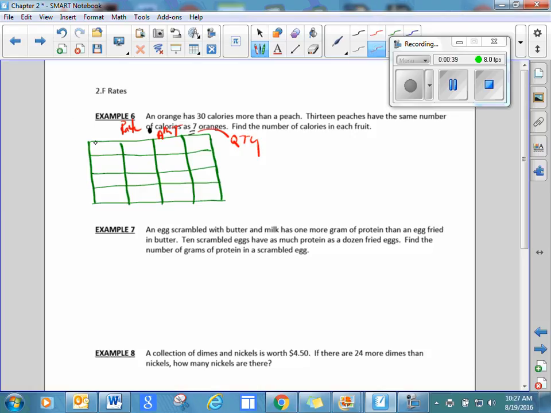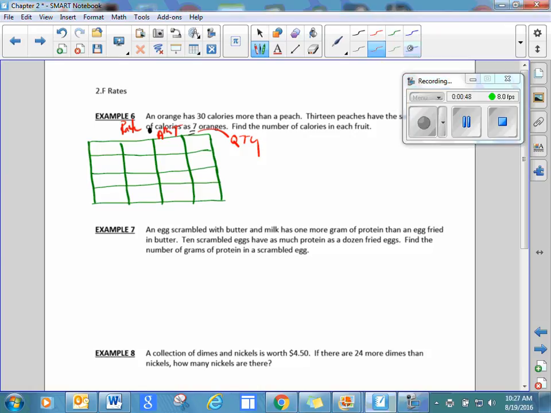So in this column, we're going to put our players. And in this particular problem, I hope you've had a chance to read it. We've got oranges and we've got peaches. So if we want to, let me go grab the blue guy here. If we want to put oranges in this box and peaches in this box, our titles for the rate are going to be calories per fruit.